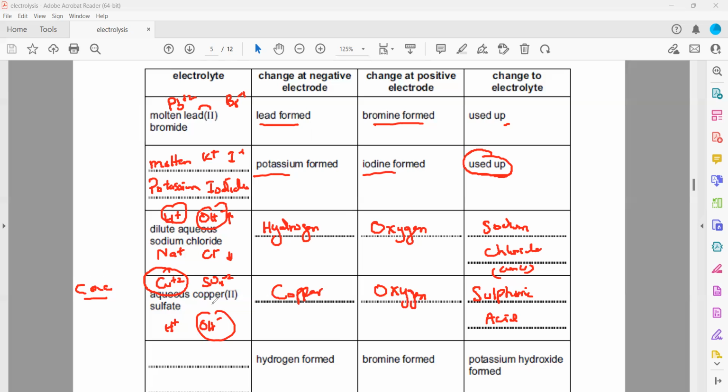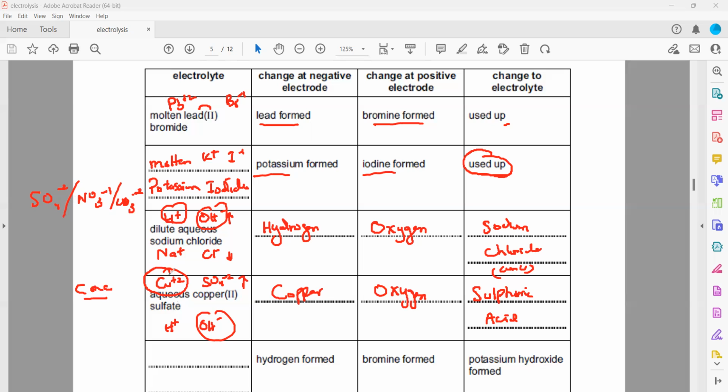Even if it's concentrated and sulfate is more, or if it's dilute and OH is more, in all cases OH will move, as sulfate, nitrate and carbonates never move. So whether it's more or less does not make a difference.